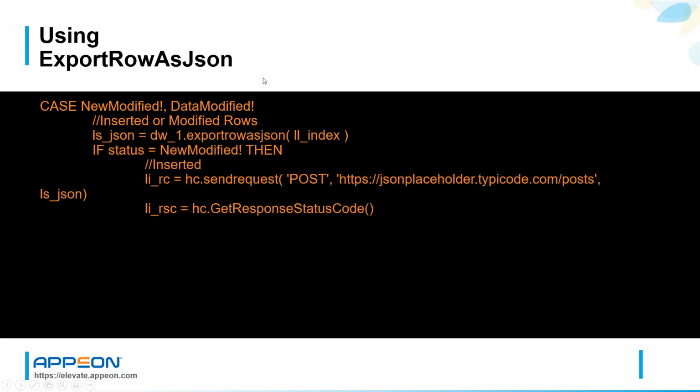This is what it looks like with export rows JSON. Now, because my columns do match, I'm able to just use the export rows JSON and do the send request, sending just that one row. And this is a case where we really couldn't have used the original export JSON function, because that would have exported all the rows.